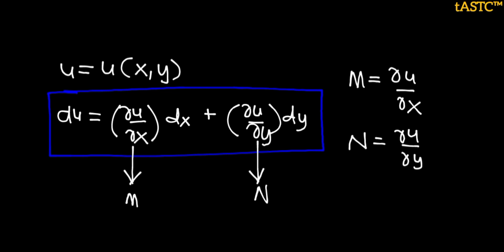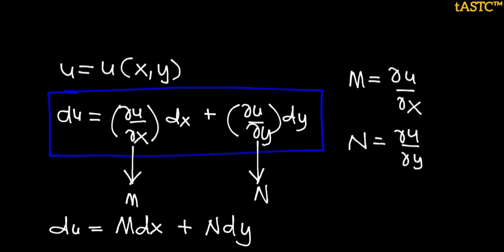Now, having got this, we need to find out something more. If we replace these with M and N, what are we going to have? We're going to have du equal to M dx plus N dy.